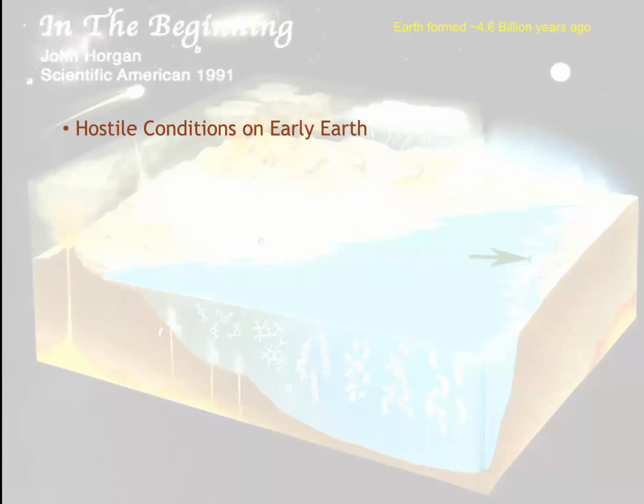So in terms of what we would consider, and remember, this is from a human standpoint, it would have been quite hostile. In the early solar system, when the Earth was forming, there would have been collisions. In fact, the general scientific consensus is that our moon was formed through a massive collision that must have occurred billions of years ago, which ejected what we now know as our moon off the surface.